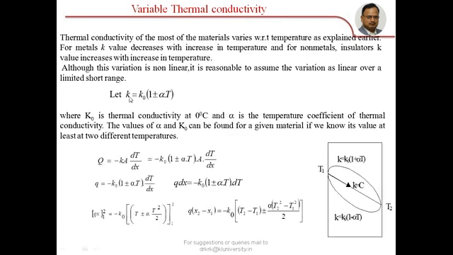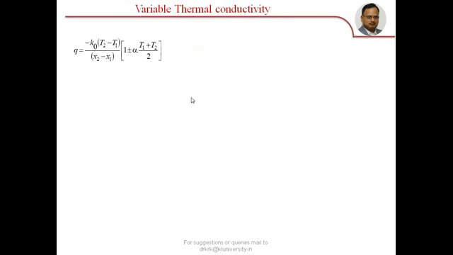How? I will explain. K equal to K naught into 1 plus or minus alpha T. What is K1? K naught into 1 plus or minus alpha T1. What is K2? At temperature T2, K naught into 1 plus or minus alpha T2. What is K mean? K naught into 1 plus or minus alpha T mean.